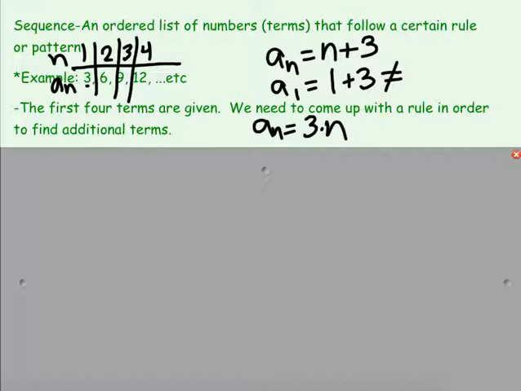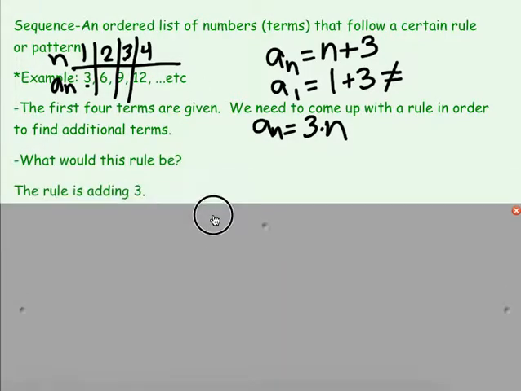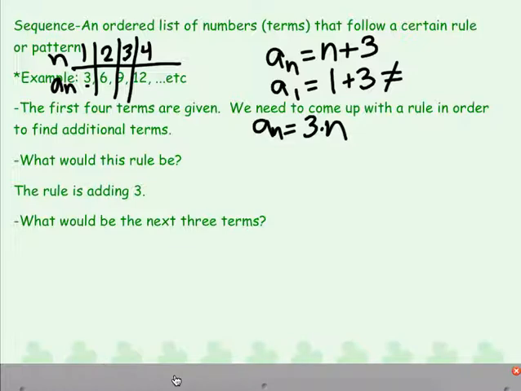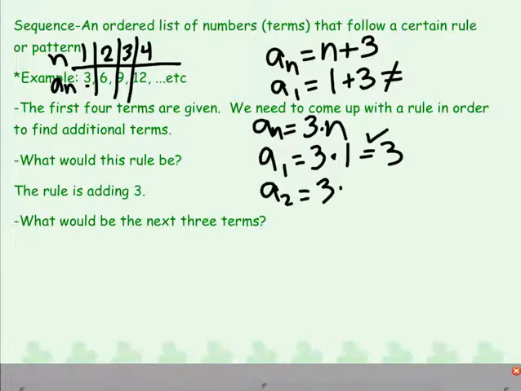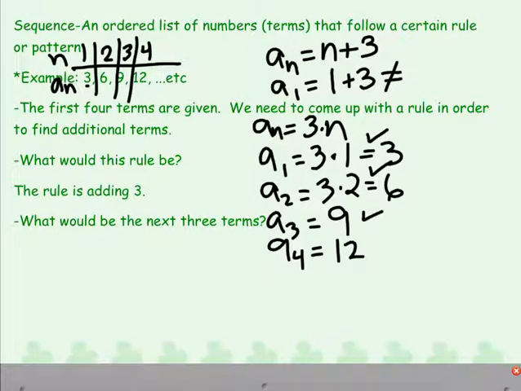Because when I plug them in, a sub 1, the first term, is 3 times 1, the term number. And that gives me 3. That works. A sub 2 is 3 times 2, so we get 6. That works. A sub 3 works and gives me 9. And a sub 4 also gives me the correct value.